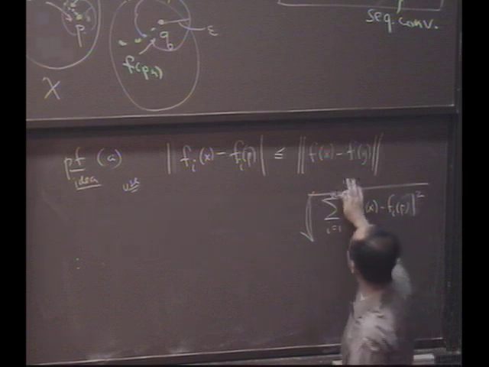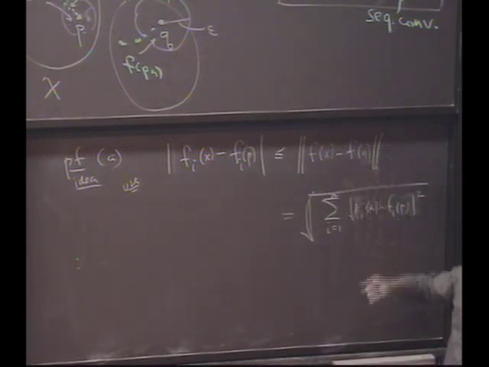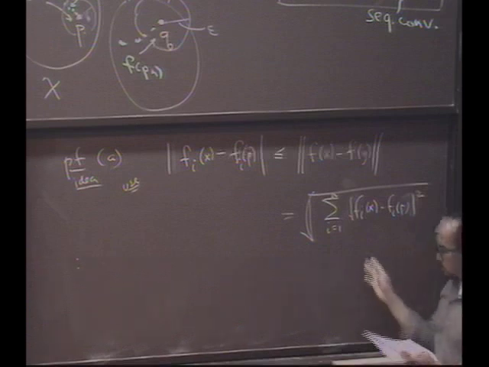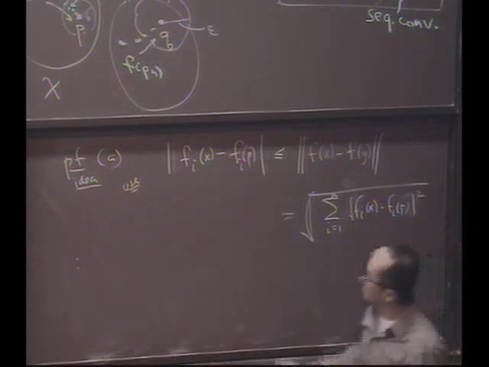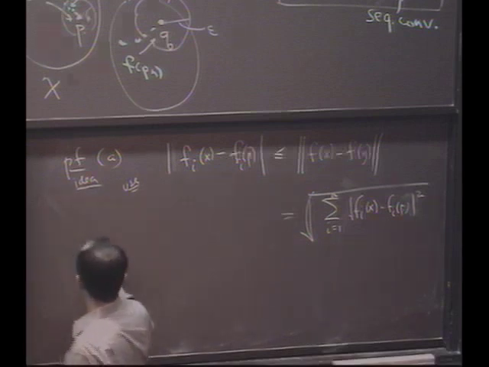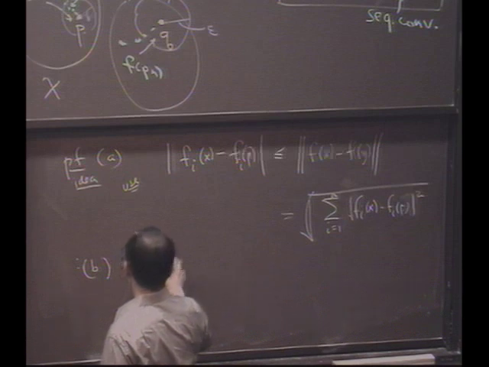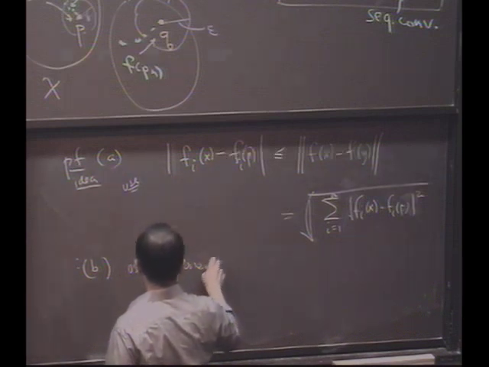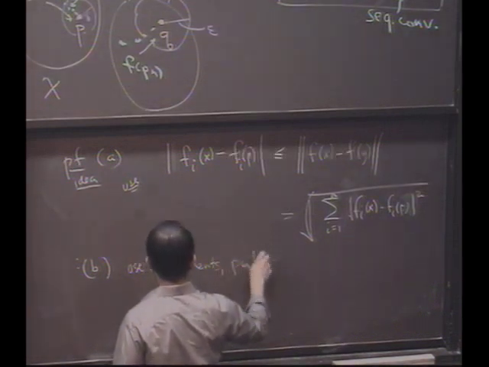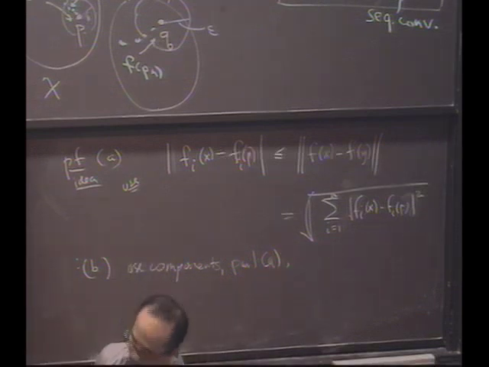So this actually equals this. So if all these are small, you can make this small with some good choices of epsilon, etc. Okay, so this is basically where the bound comes from. And part B just follows from using components in part A. Okay. Very, very cool.